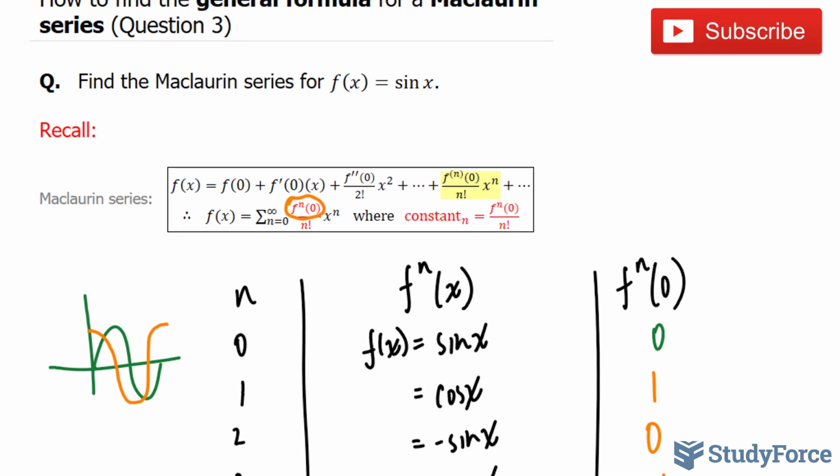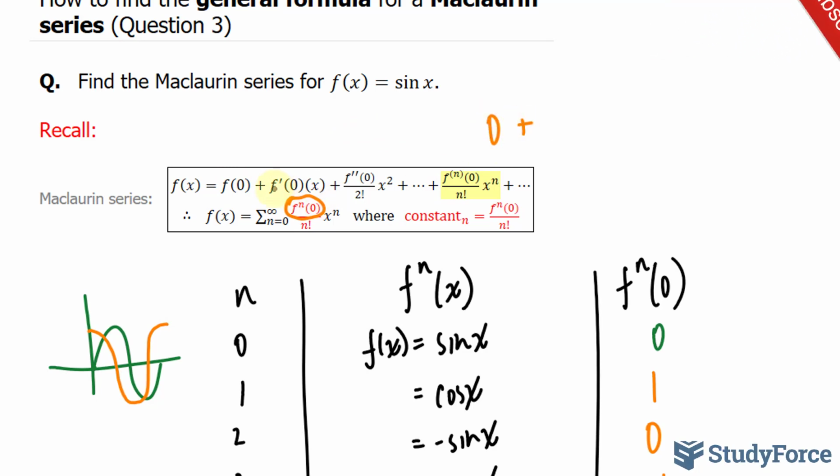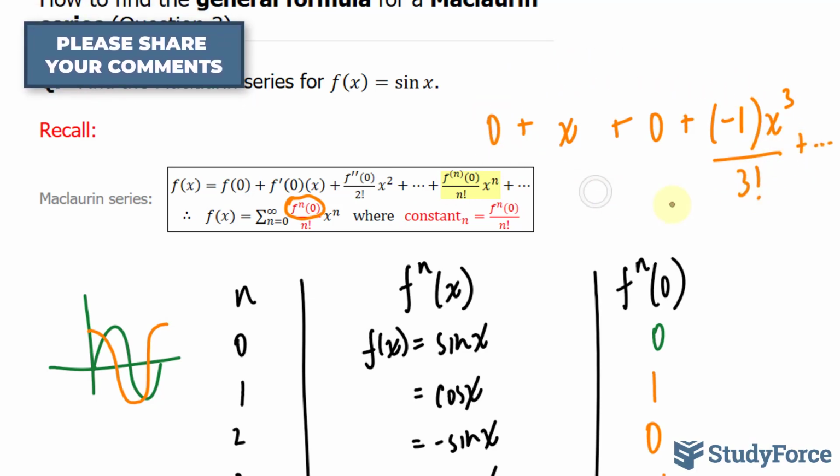Our first term would equal to 0 plus our first derivative at 0 times x plus our second derivative at 0, which was 0, and this whole term becomes 0, plus our third derivative at 0, which is negative 1, times x to the power of 3 over 3 factorial, and so on. Remember, this right here represents the expansion. We're looking for the general formula.